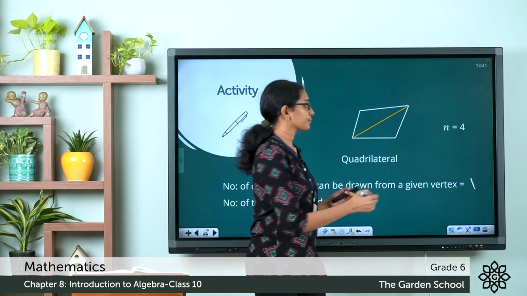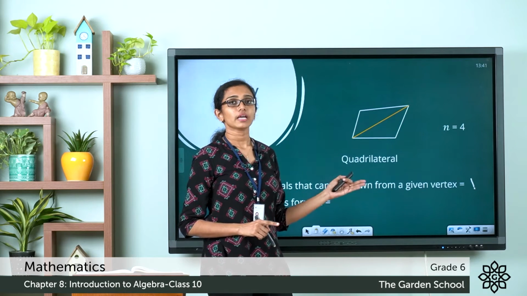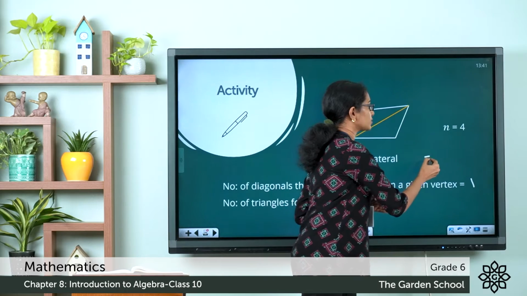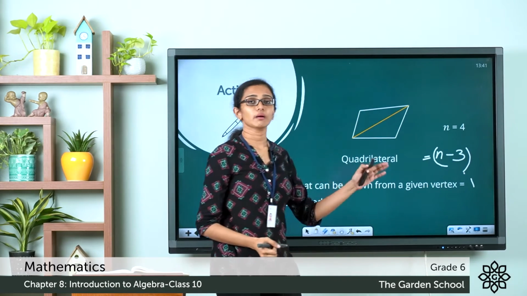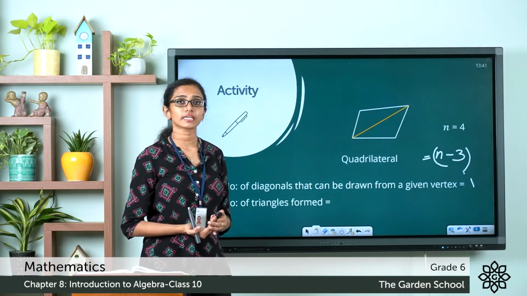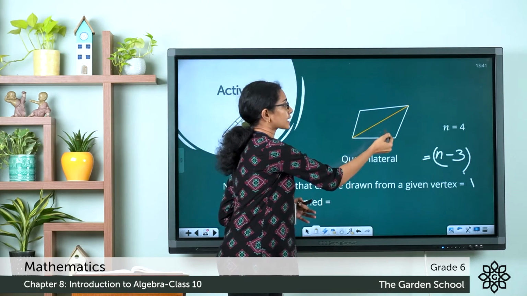So can we say the number of diagonals that can be drawn from any given vertex, in the case of a quadrilateral, is equal to n minus 3, where n is the number of sides? Now what about the number of triangles formed? When I draw a diagonal like this, there are 2 triangles formed.